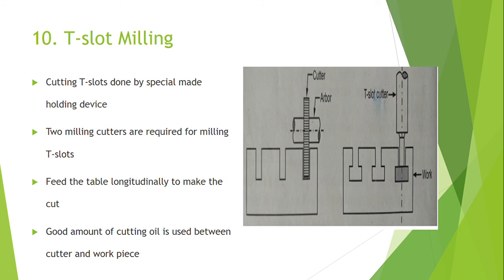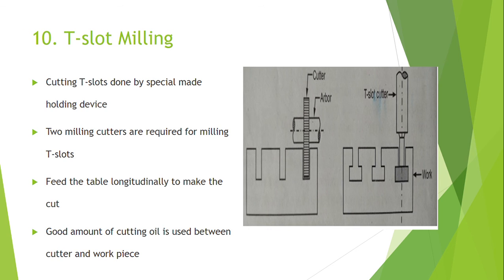The side milling cutter or end milling cutter is first used to cut a slot in the workpiece equal to the throat width of the T-slot. Then position the T-slot milling cutter over the edge of the workpiece and align it with the previously cut slot. The T-slot milling cutter is then used to cut the head space to the prescribed dimensions. Feed the table longitudinally to make the cut.